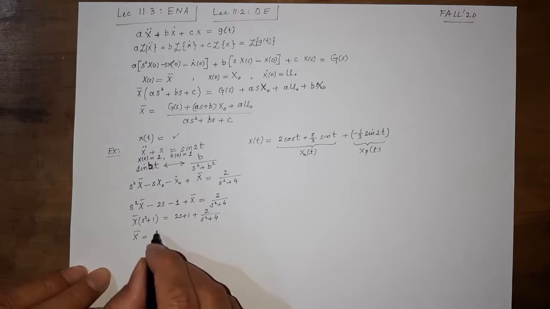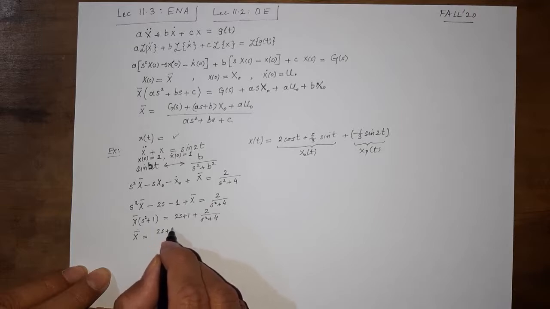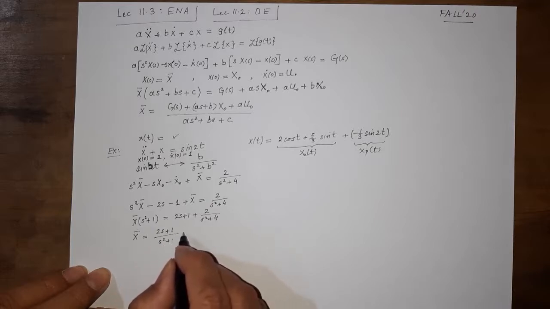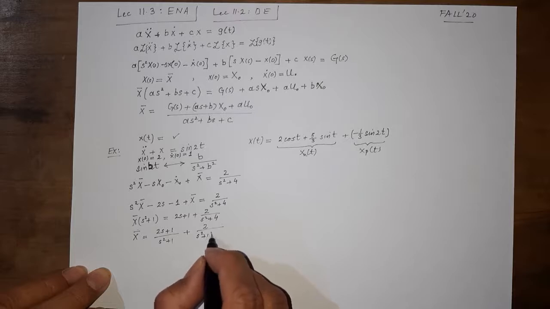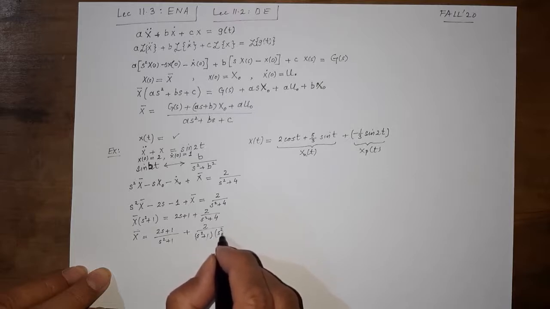equal to 2s plus 1 over s square plus 1 plus 2 over s square plus 1 into s square plus 4.